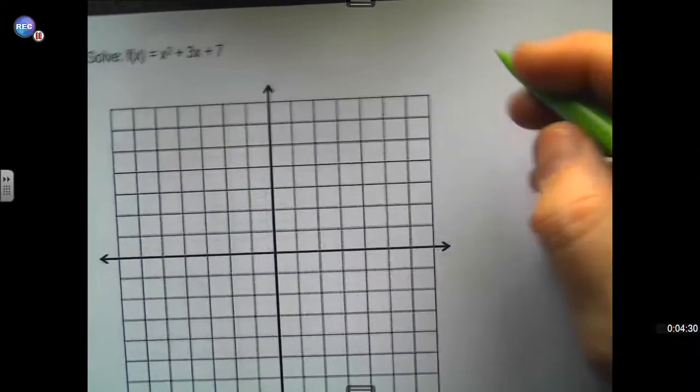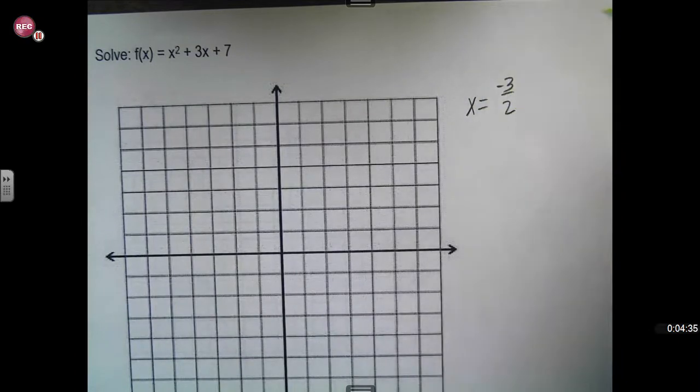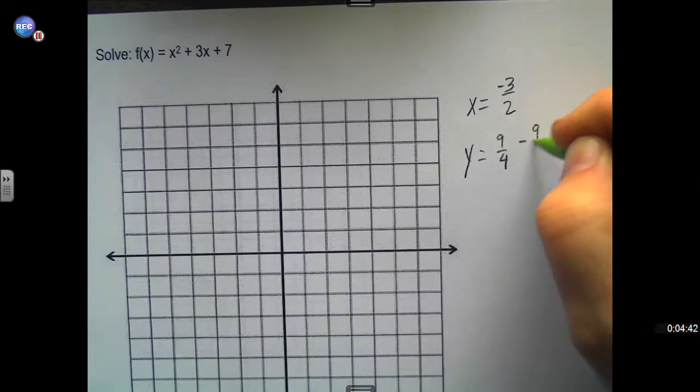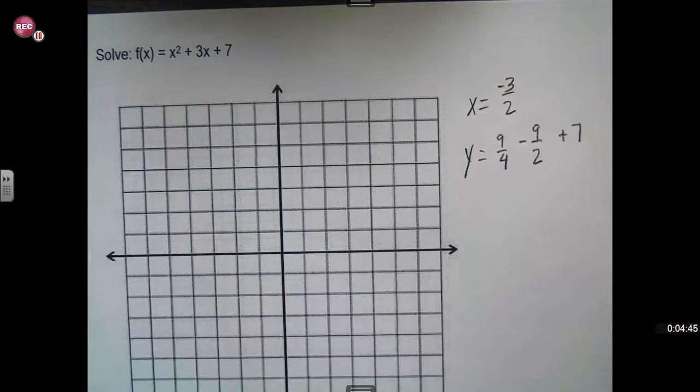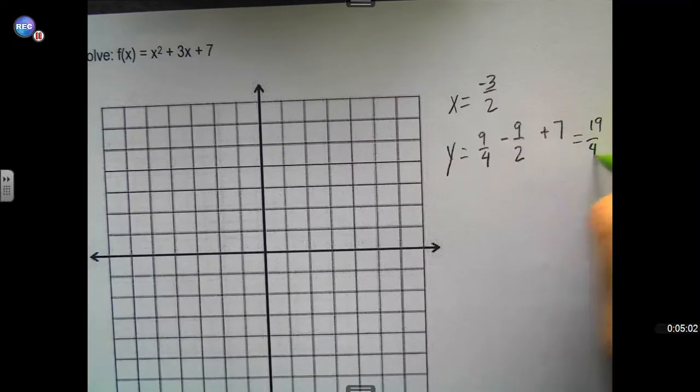x-intercepts. And so, here the vertex is going to be negative 3/2, and I plug that in, and I get 9/4 minus 9/2 plus 7, and 9/4 minus 9/2 plus 7 is 19 over 4, which is 4 3/4.